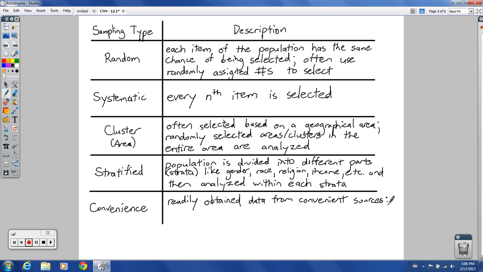So I'm going to write down a little extra with this one. It's often not representative. The other ones could be not representative, but there's a much less likely chance that's the case. Often not representative of the entire population.